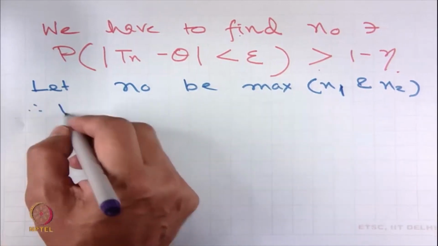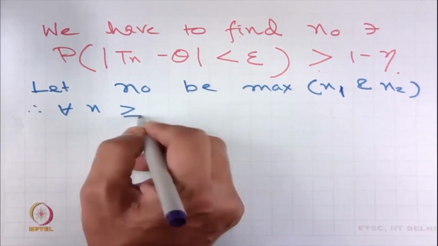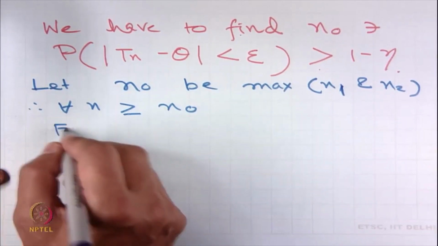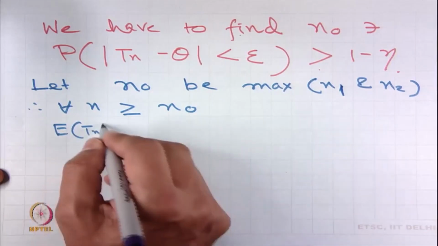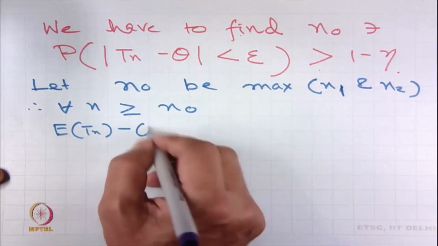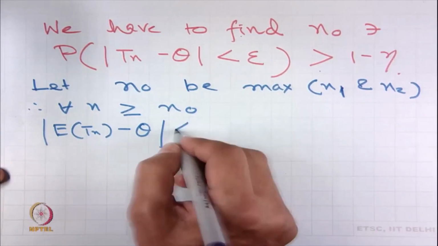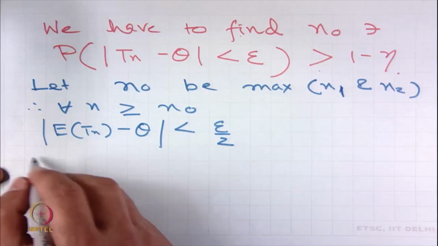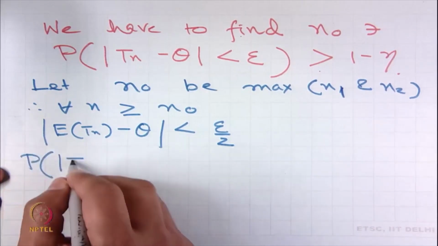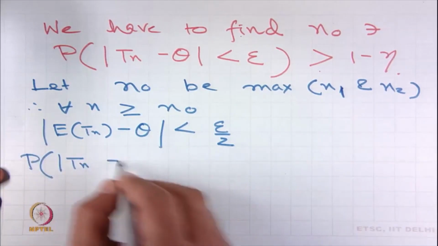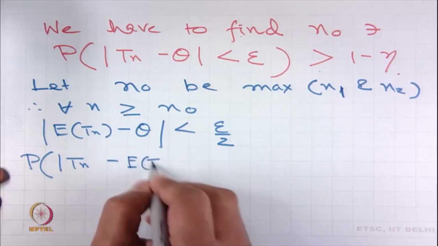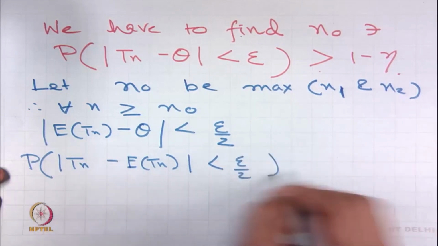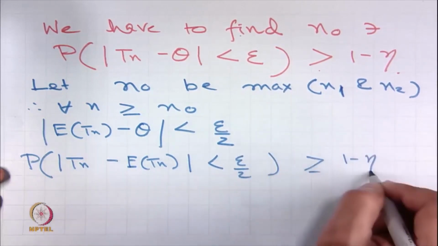Therefore, for all n greater than equal to n naught, we have expected value of T n minus theta is less than epsilon by 2. Also, we have probability modulus of T n minus expected value of T n less than epsilon by 2 is greater than equal to 1 minus eta.